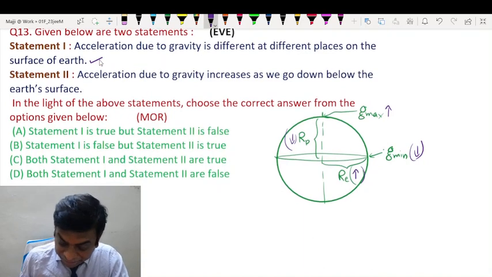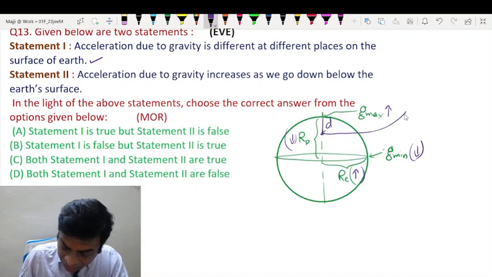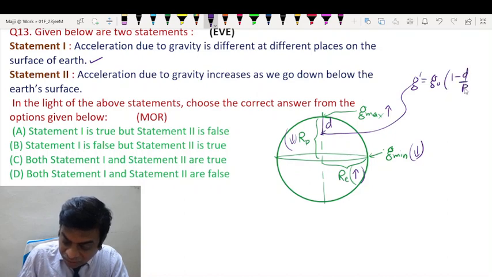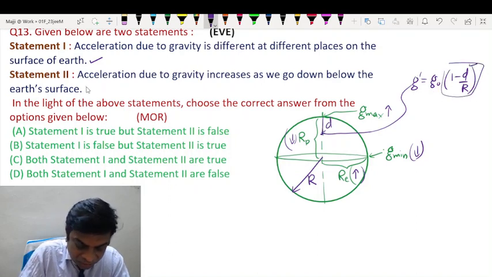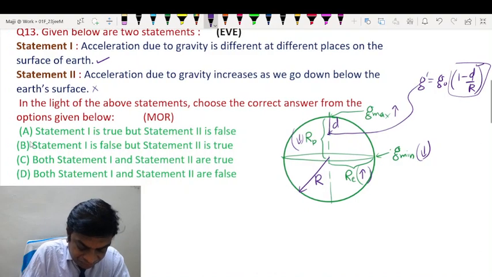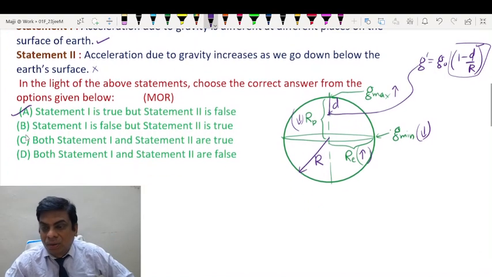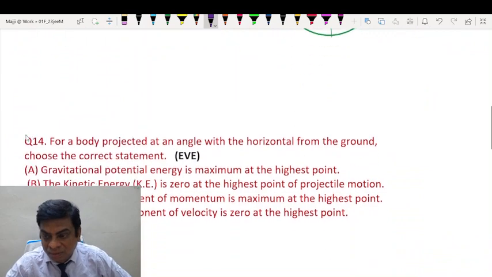That's wrong, students. As we go below the Earth's surface, at a depth d, acceleration due to gravity is g on the Earth's surface into 1 minus d by R, where R is the average radius. As we go deeper and deeper, d increases, so this factor will reduce. So statement 1 is correct, whereas 2 is wrong. So option A is the correct option.